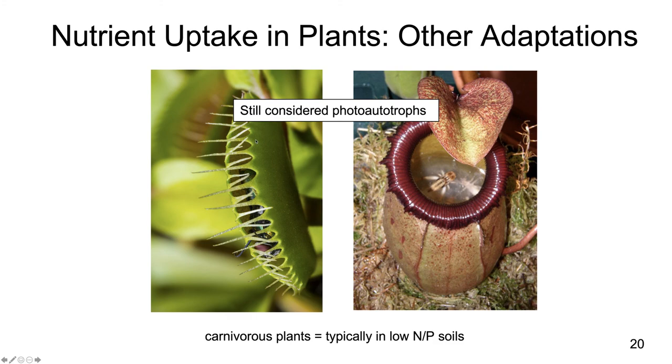It still does photosynthesis, and it still gets its sugar and its energy from light, so it's autotrophic, and it gets its carbon-to-carbon bonds from CO2, so from an inorganic source. So it's getting nitrogen and phosphorus from these other things. And so these plants are still considered to be photoautotrophs, despite the fact that they're eating these other organisms, because they're eating those other organisms not for carbon, but for nitrogen and phosphorus.